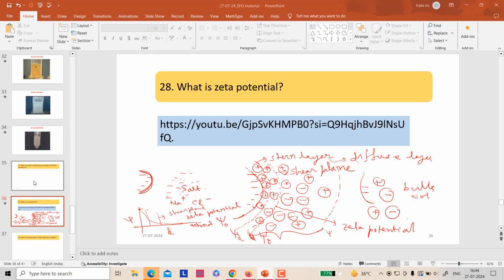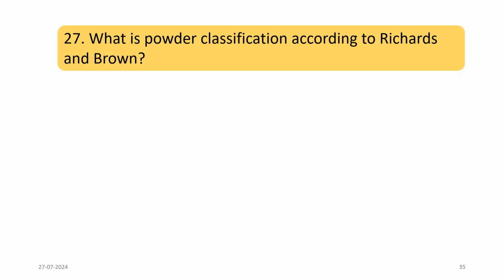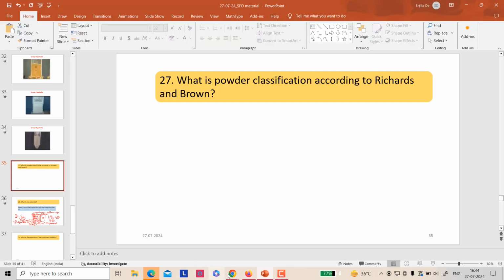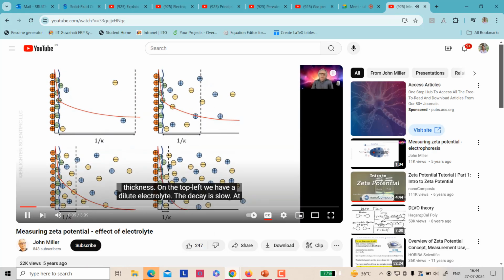I have missed a previous question, which is: what is the powder classification according to Richards and Brown? Let's look at the effect of different electrolyte concentrations on the thickness. On the top left, we have a dilute electrolyte. The decay is slow.